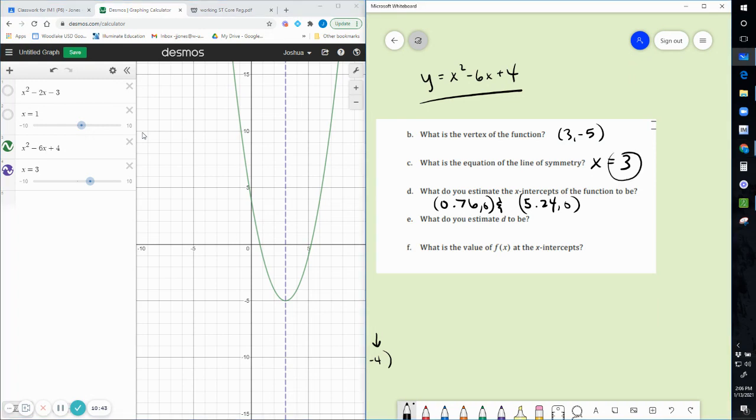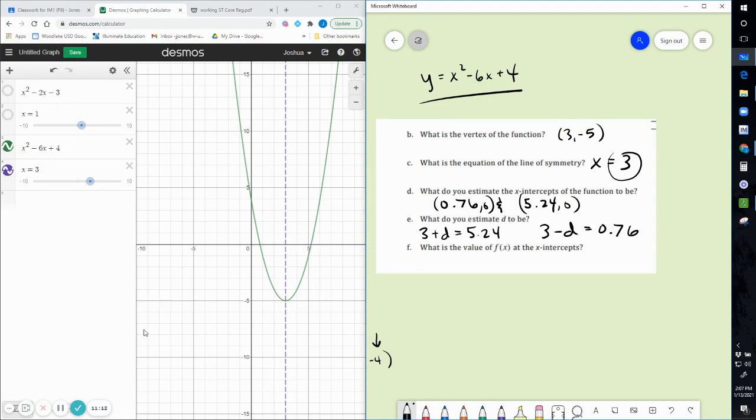So it's going to be 3 plus d equals 5.24, and 3 minus d equals 0.76. Okay, so now all you have to do really is solve one of these, so the distance should be the same. The distance from the axis of symmetry to each side should be the same.